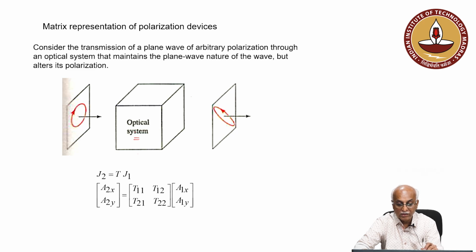However, if the material is not isotropic and it has different refractive index depending upon the direction of electrical field oscillation, then the vertical component of electrical field may experience a different refractive index than the orthogonal horizontal component, and hence when the electromagnetic wave is propagating through this medium, there will be a phase shift, because the speed of the wave corresponding to the vertical oscillation of the electrical field will be different from the horizontal oscillations.